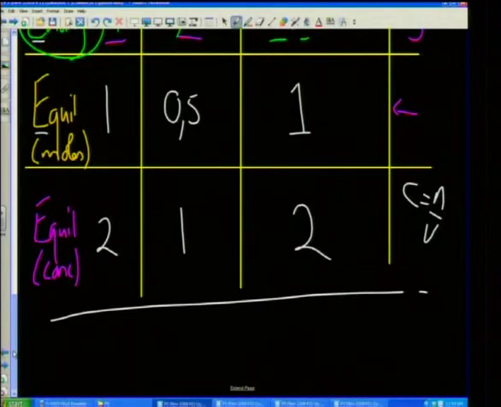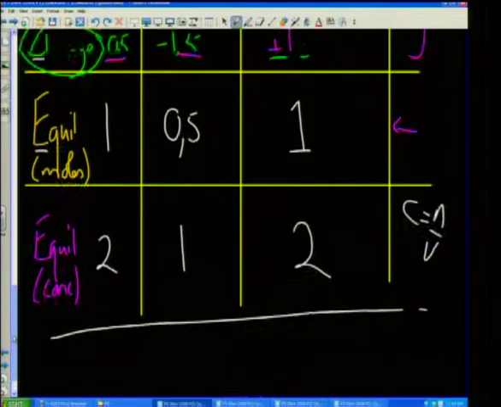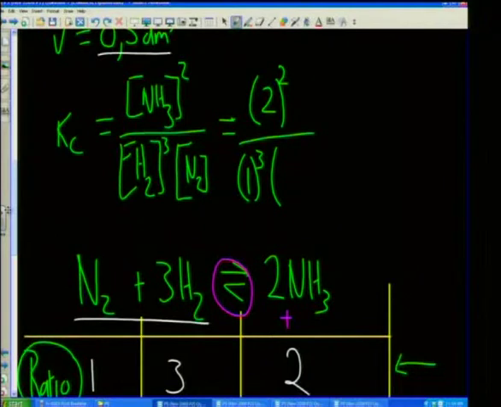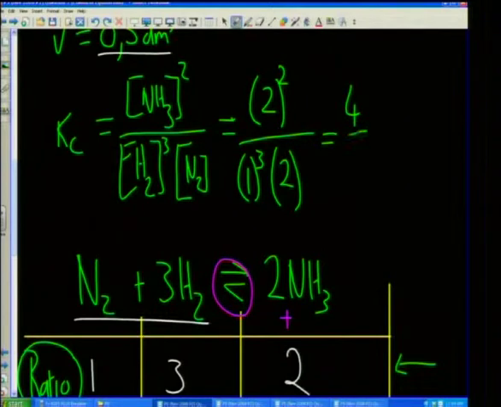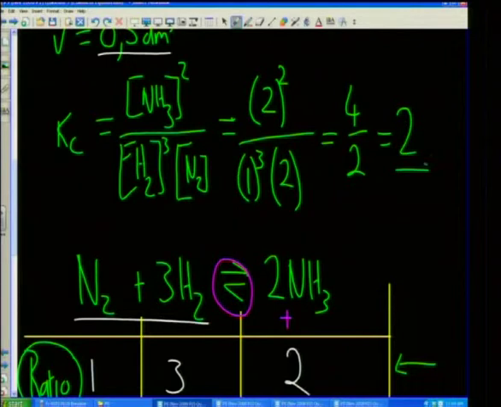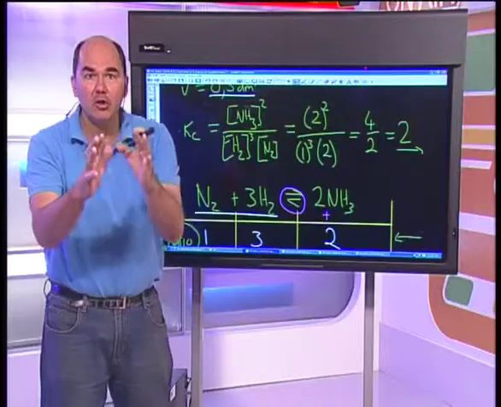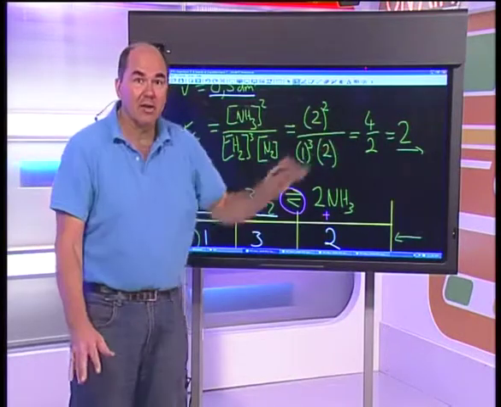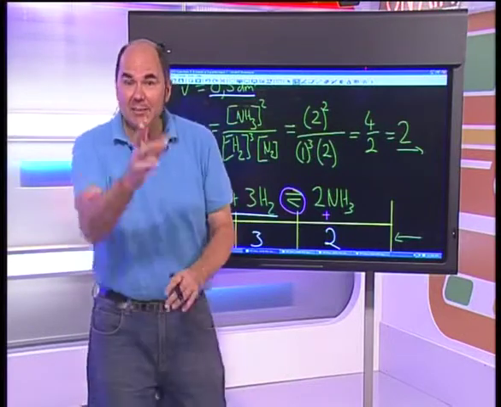My concentration of nitrogen was 2, and I substitute that in. And I don't have to square it or do anything. What do I get? I get 4 over 2, which is going to give me an answer of 2. Remember, Kc has no units. It's just that answer.